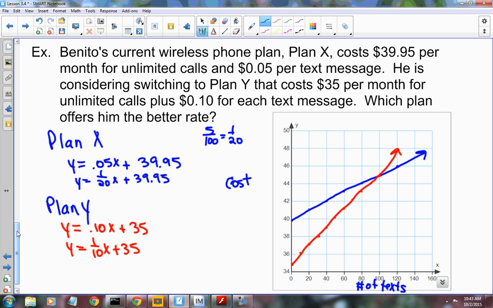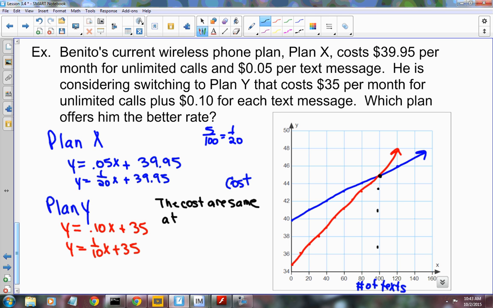the costs are the same at what point? At what point are the costs the same? At 45 dollars or 100 texts, right? Okay. So that's $45, not days. $45, they're the same.